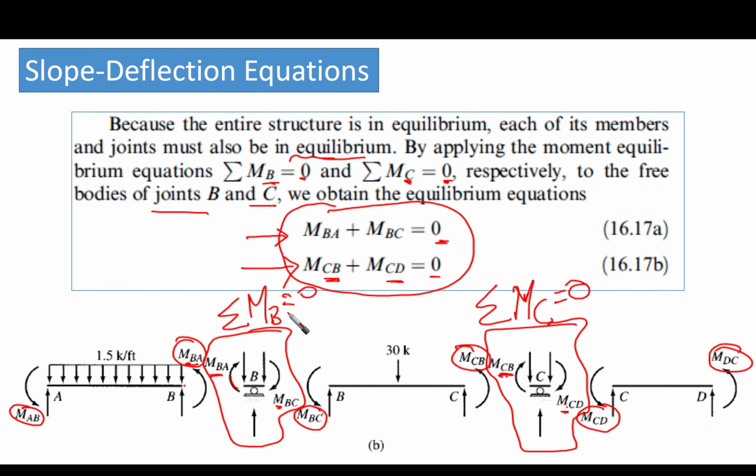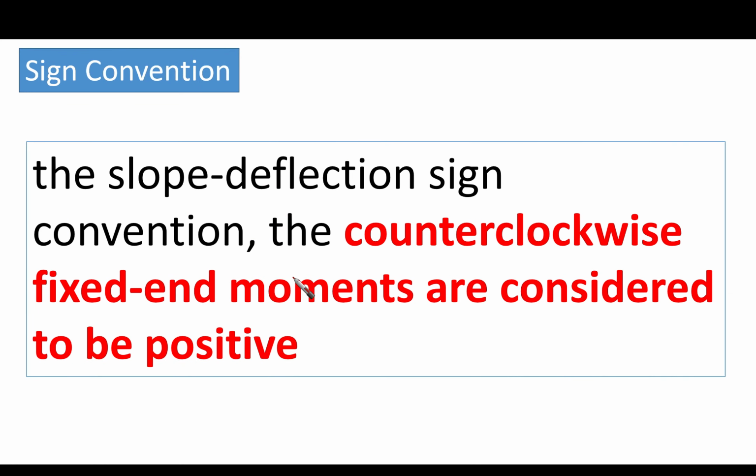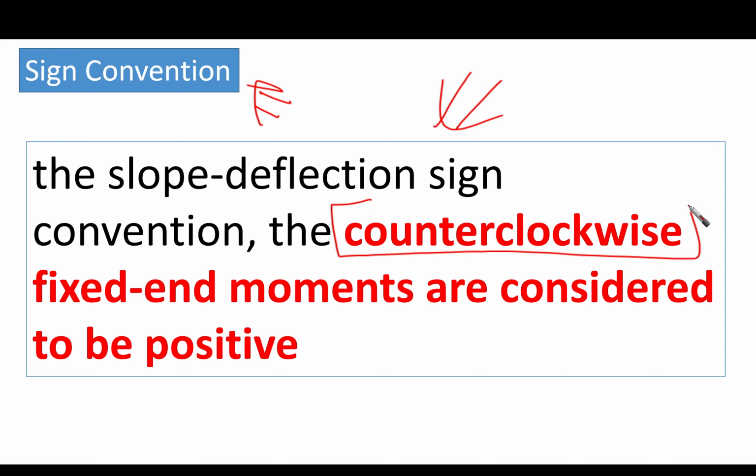Okay, let's go to the next part, which is something important before going into the slope deflection equations, which is the sign convention. I put it in very bold and very big because many of you forget it. Remember that it is very important. The slope deflection sign convention is that counterclockwise fixed end moments are considered positive.